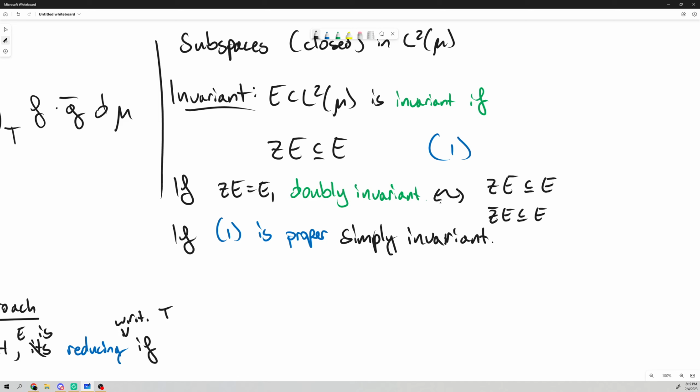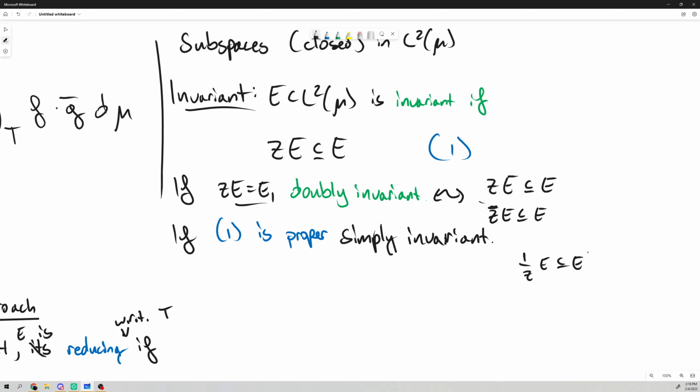Well, on the complex unit circle, the conjugate of Z is equal to 1 over Z. So these two conditions are equivalent, very easy to see. If ZE is a subset of E, and Z bar E, that is 1 over Z E, is a subset of E, you can see how you would get equality.